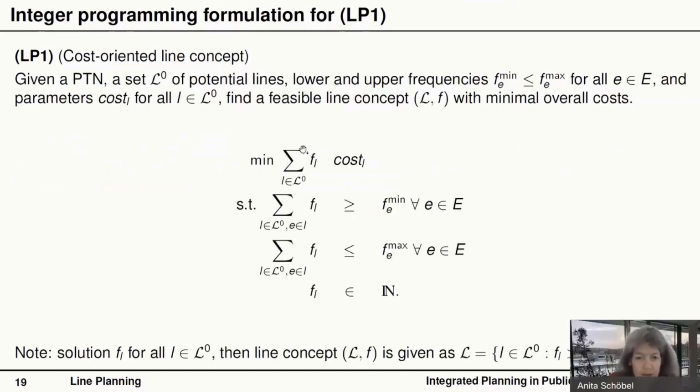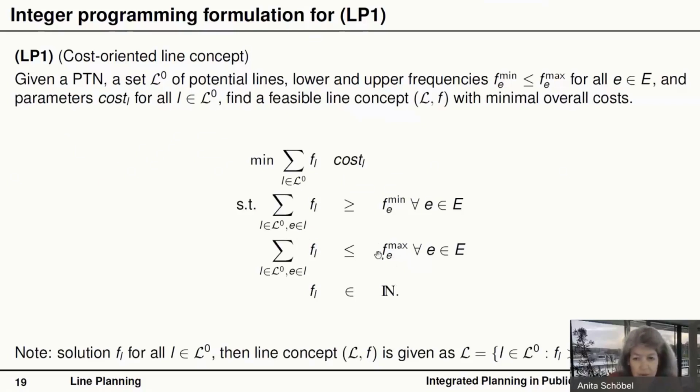Here is our objective function we have already seen. Here are our constraints. These are the same constraints we had before, but written as two constraints. For every edge, we want to make sure that we have enough frequency along the edge, which can be done by going through all lines in the line pool which contain our edge E, and adding up the frequencies.